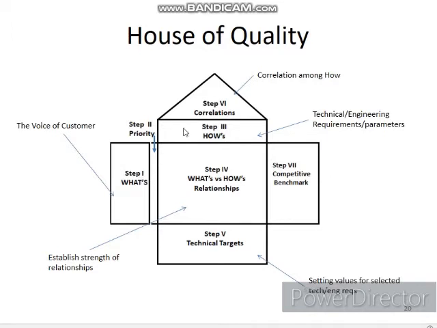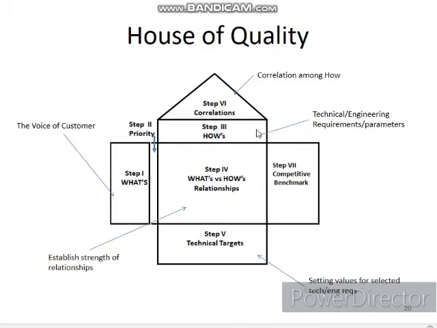The first step is the whats: fill up the whats room. The second step is to specify the priority for individual customer requirements. Third, we're going to look at the hows. These are the technical or engineering requirements or parameters, the design parameters for that particular product.